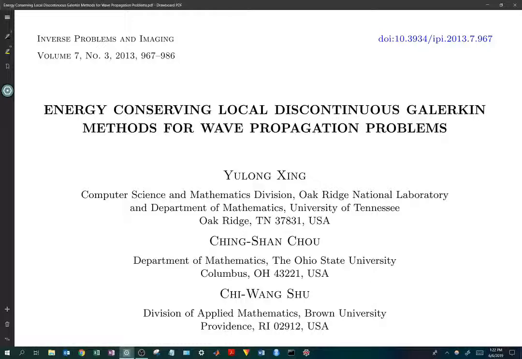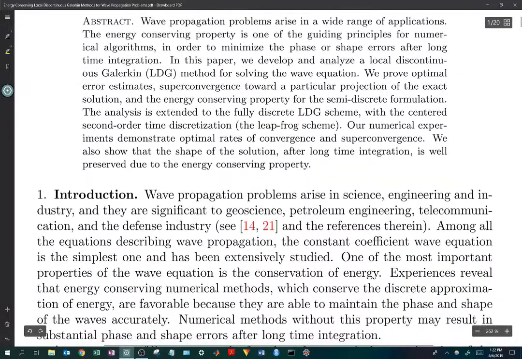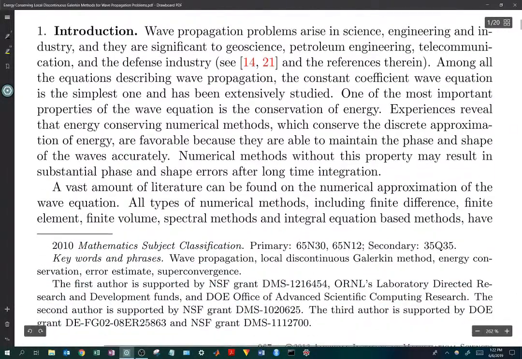I don't know about the pronunciation, but anyways, this is an interesting paper to talk about how we can use this particular class of finite element methods.